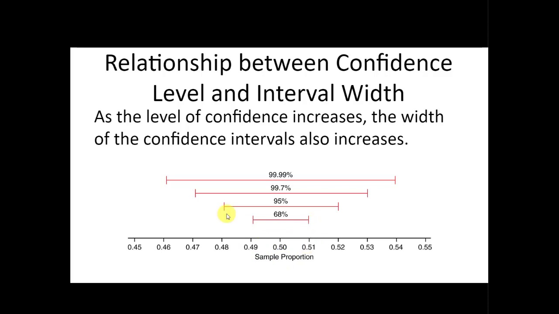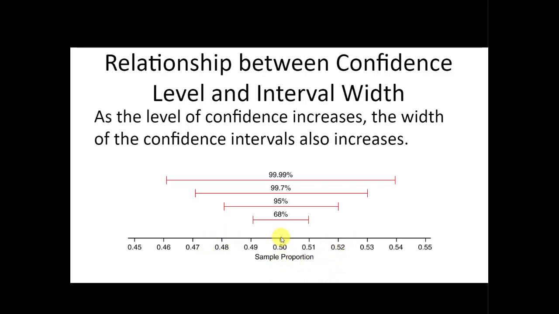We can also make the interval wider. So we can say with 95% certainty that the truth exists between 48 and 52. We think it's 50, but we admit that there might be some error in this. So we can say with some degree of certainty that the truth is somewhere between 48% and 52%.